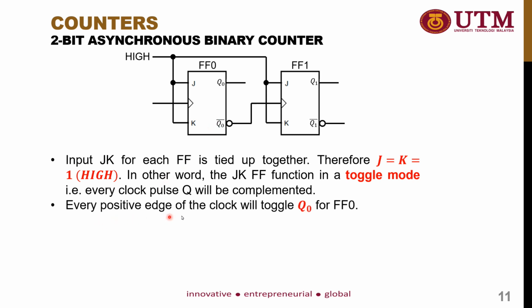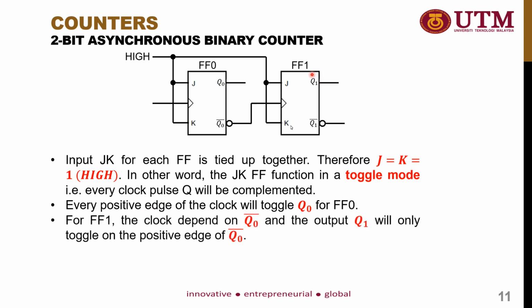So every positive edge of the clock, it will toggle Q0 for flip-flop 0. And for flip-flop 1, the clock depends on Q0 bar, and the output Q1 will only toggle on the positive edge of Q0 bar.